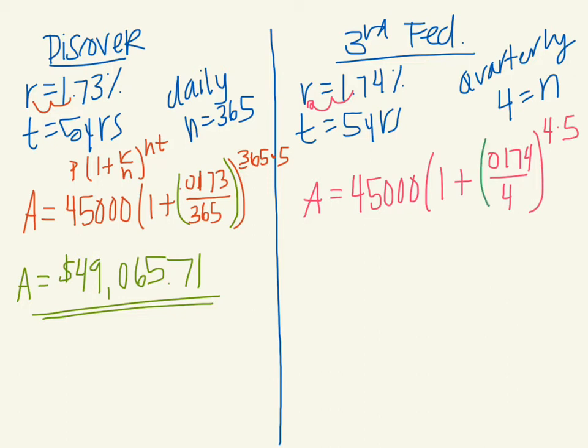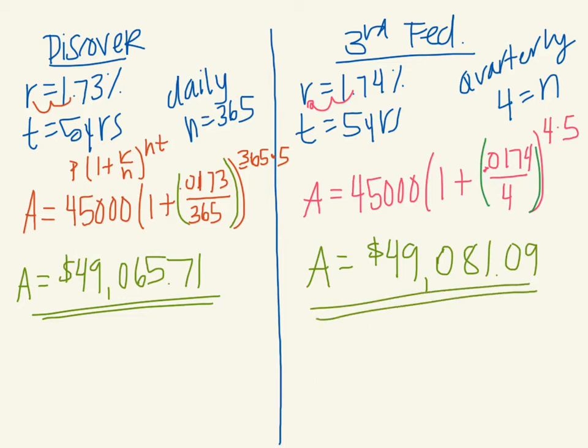If you need to put extra parentheses around this, you do. Okay. And then, once you calculate it, you should get A is equal to $49,081.09.